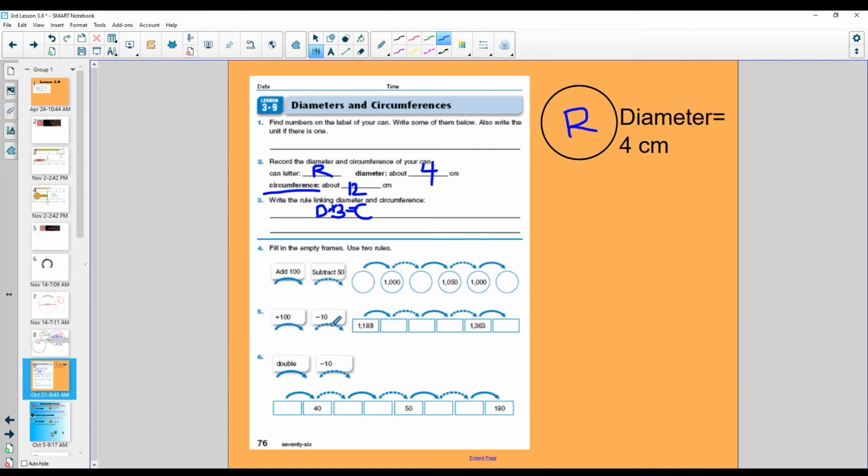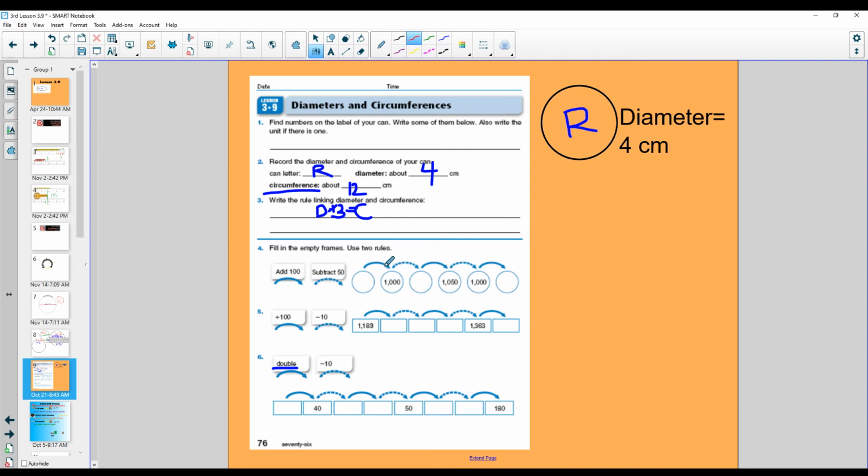Here we're adding 100 minusing 10. Here we're doubling, and here we're taking away 10. Double means you do the number plus the number. So what I would like you to do is pause the video here, figure out the answers, and then I will go over them with you. If you get stuck on one, just wait until I go over it with you. Otherwise, do the ones you know.